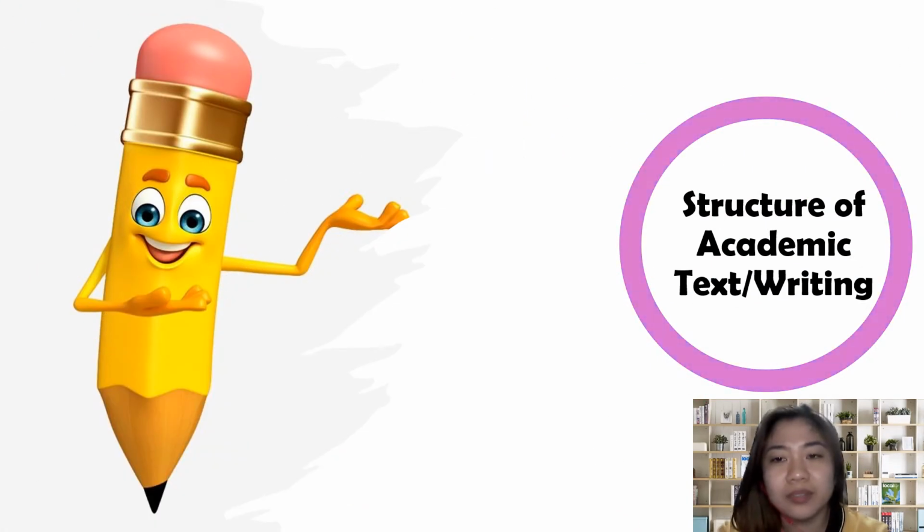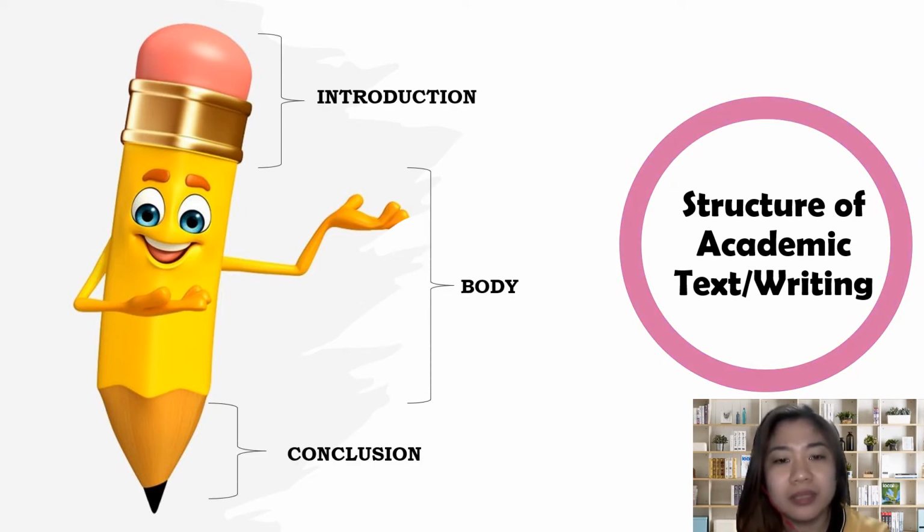Okay, let us now proceed with the structure of academic text or writing. Academic text or writing follows three structures, namely, introduction, body, and conclusion. In introduction, you need to present the topic and your stand about it, or basically the thesis statement. In body, discuss your stand and present all the information and evidences that you have.